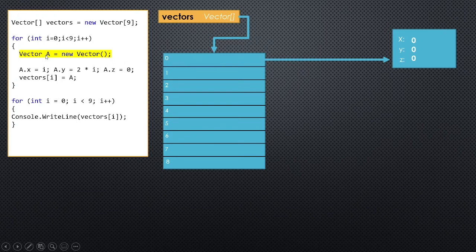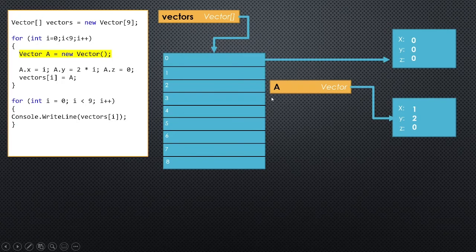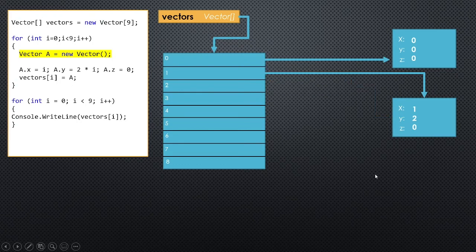So the next time into this loop, we create another vector A object, and we set its value equal to 1, 2, 0. And then we run the vectors[i] line again, which attaches the second entry in the array to point to this object. And then when the loop body ends, vector A again disappears.